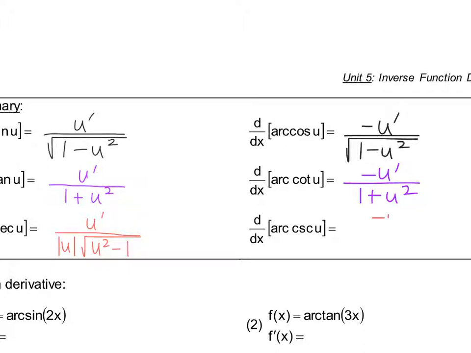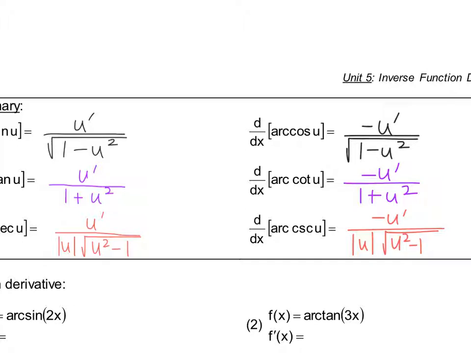And then negative u prime over the absolute value of u times the square root of u squared minus 1. And so what we get at is the idea that it's easier to remember these now because all you have to do is remember these and just slap a negative on it.